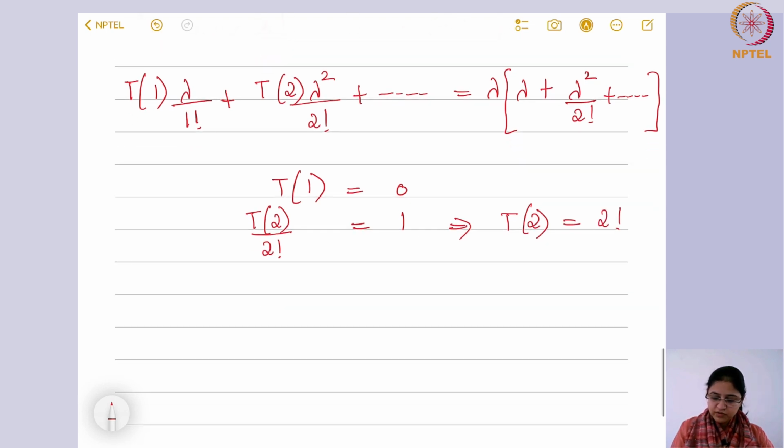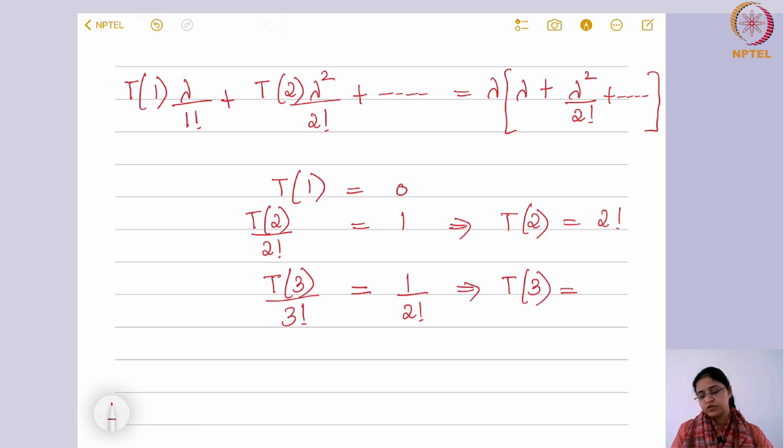Next, if you compare the coefficient of lambda cube, it would be t3 over 3 factorial, and on the right hand side you would have 1 over 2 factorial. If you solve this, t3 would be 3 factorial by 2 factorial, which basically means it would be just 3.